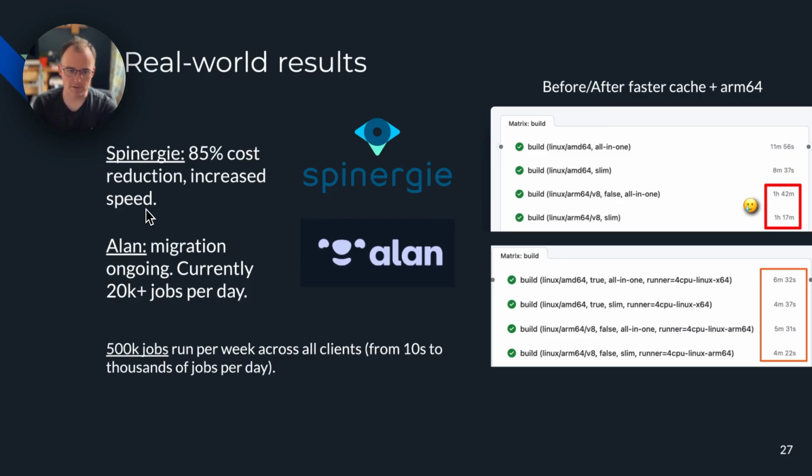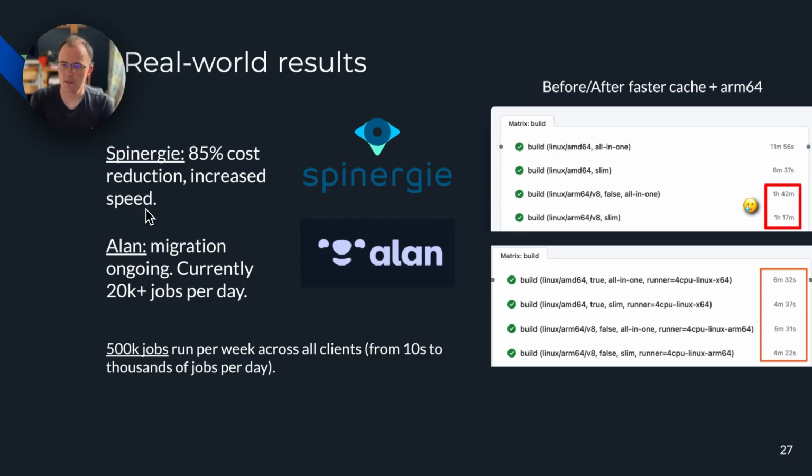And all in all, across all clients, RunsOn is currently launching more than 500,000 jobs. It caters to clients who have only 10 to 100 jobs a day up to 20,000 or even more jobs a day.